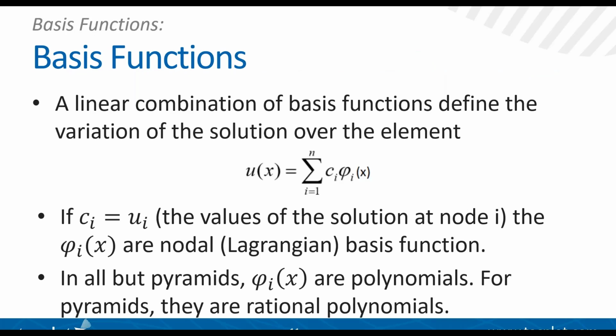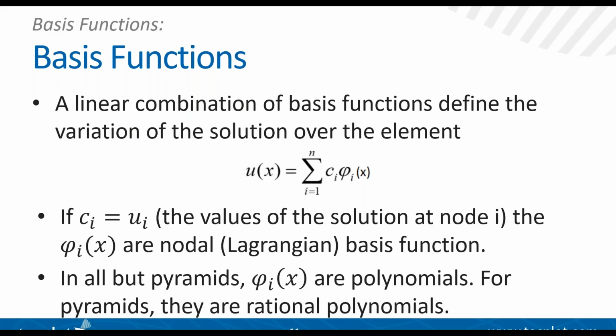So how do higher order elements work? Well, the underlying function is computed using basis functions. So the phi in this equation at the top are the basis functions, the n basis functions. And you get your solution as a linear combination of those basis functions, where the Ci are the coefficients in the linear combination.